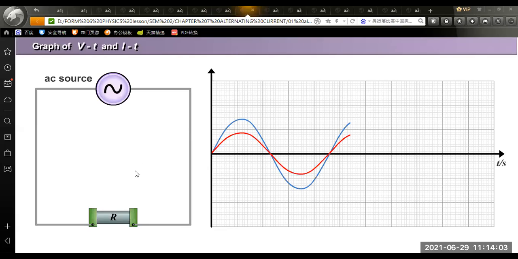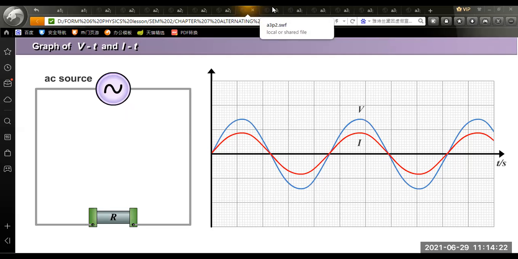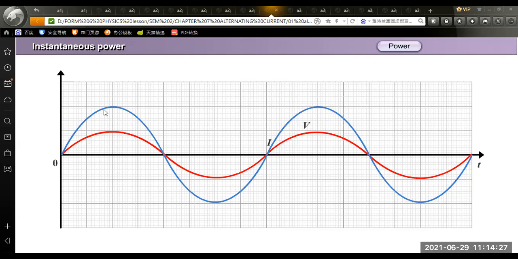Ladies and gentlemen, please observe the slide. The potential difference and the current which flow through a resistor by using alternating current are in the same phase. So what we can do is, how about the power?